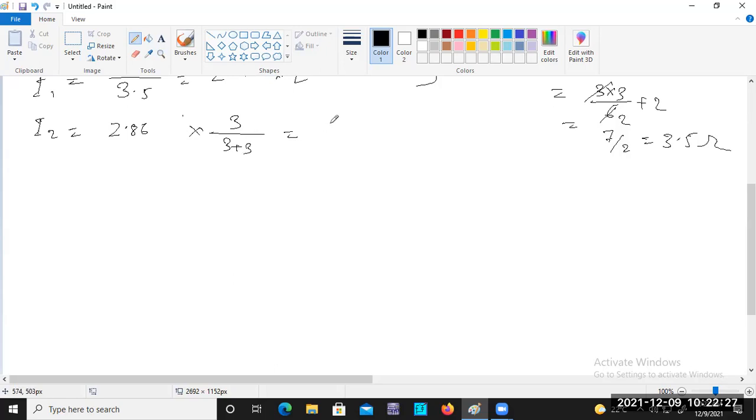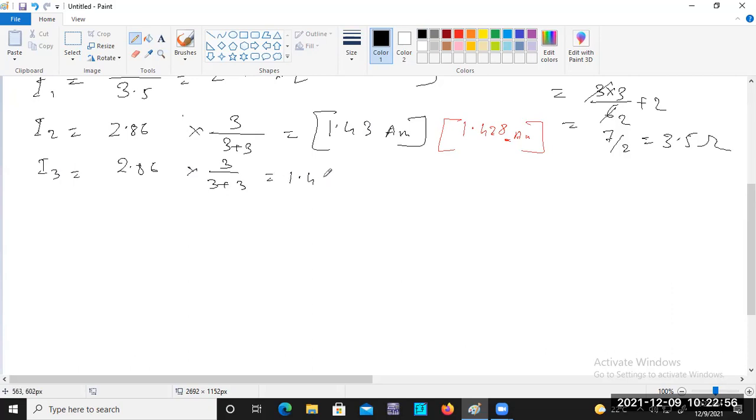It will come to 1.43 ampere, or just note it down, 1.428 ampere, truncated to 3. And now I3 is 2.86 into the total current, again 3 plus 3 equal to 4.3, or you may say 1.428 ampere.